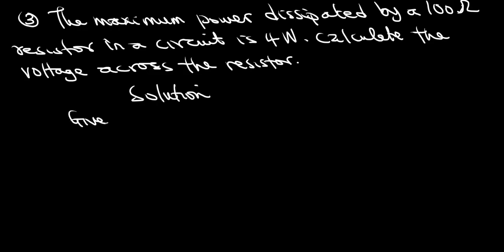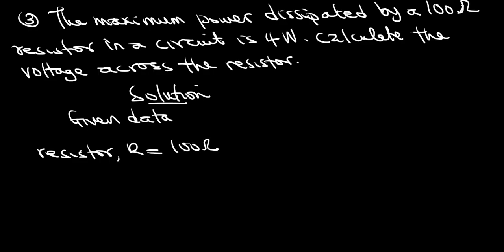Firstly, the given data that we have here, we have the resistor, and that is 100 ohms in a circuit, and we have the power, P is 4 watts.